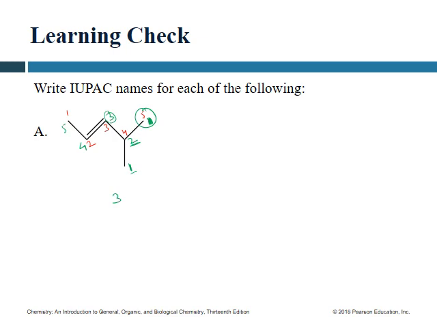But if I use the red color marking 1, 2, I'm getting a double bond on the second carbon. So it doesn't matter whether I'm getting a substituent on the fourth carbon, as long as I'm getting the lowest number on the double bond. That's my priority. So I have to start the counting from left to right, not from bottom to left, right?